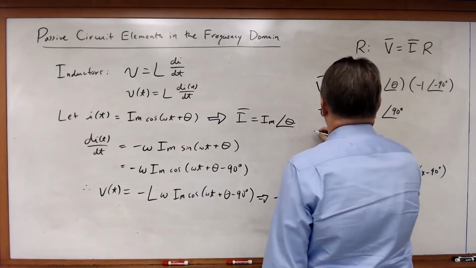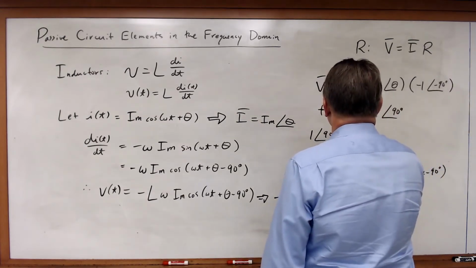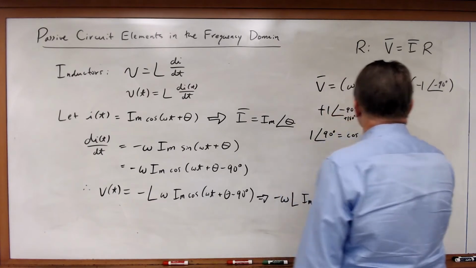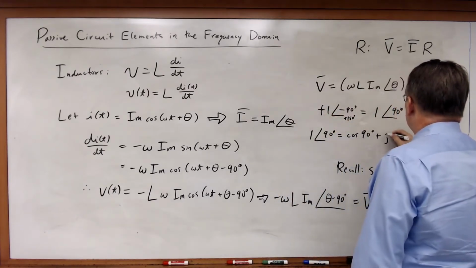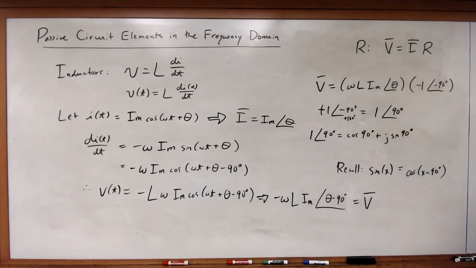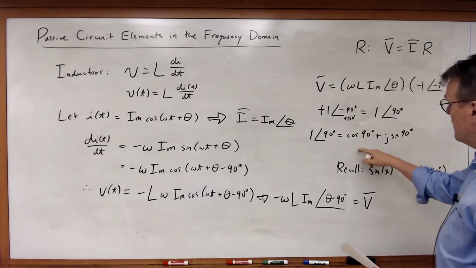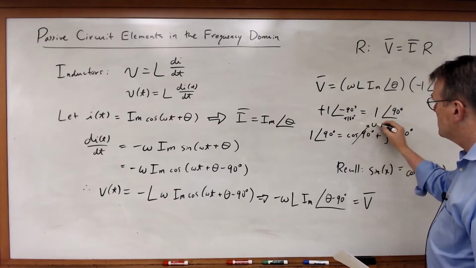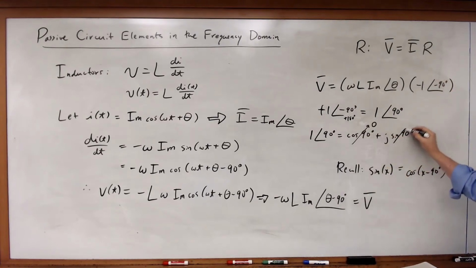Well, 1 at a phase angle of 90 degrees is equal to cosine of 90 degrees plus j times sine of 90 degrees. Cosine of 90 degrees is equal to 0. Sine of 90 degrees is equal to 1, and therefore this is equal to j.